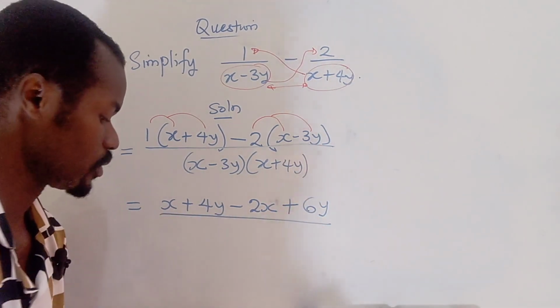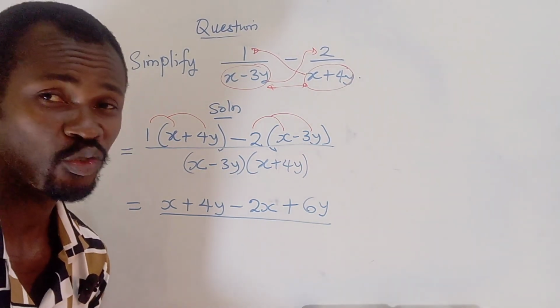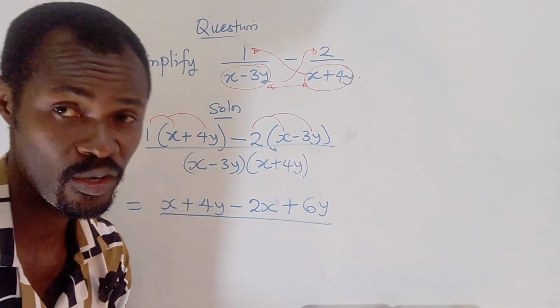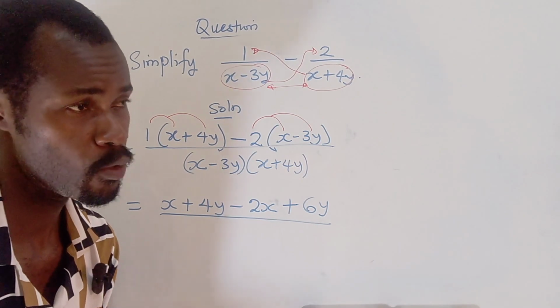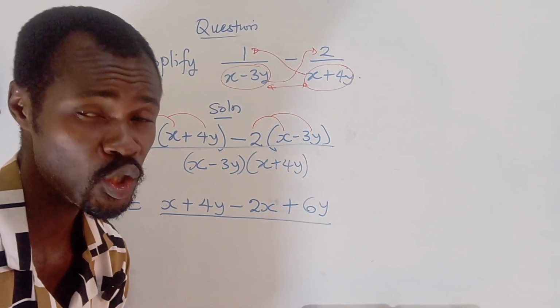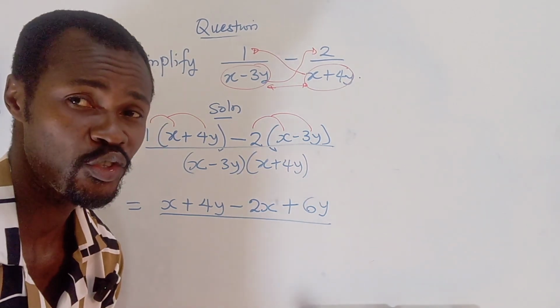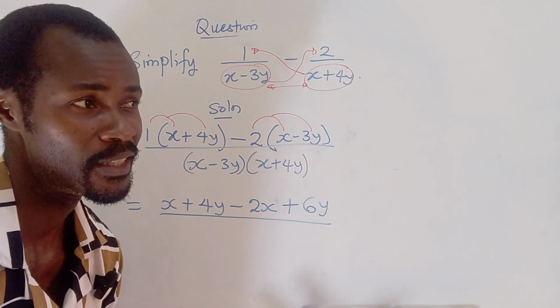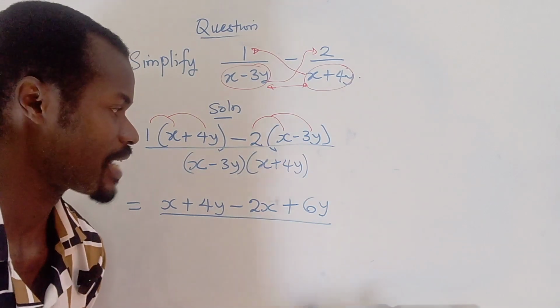Now for the denominator, in most exams, you may not necessarily multiply the denominator, most especially if you're dealing with multi-choice questions. But if it is theory questions, you can open the bracket at the denominator.